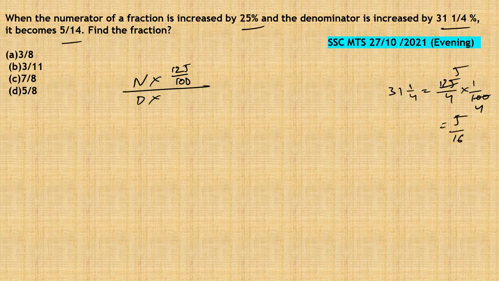The denominator is increased by 5 by 16. Now the denominator is 21, that is 16 plus 5. Before it was 16. We need to find the numerator by denominator, that is the fraction.